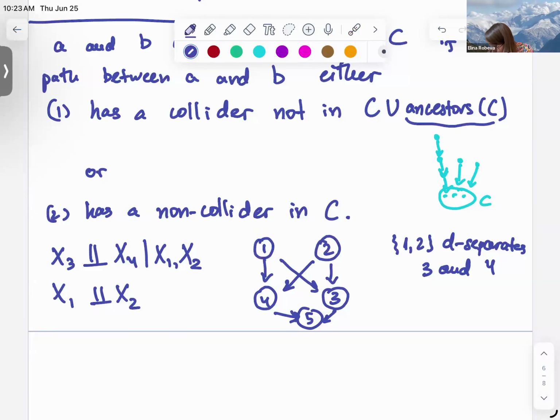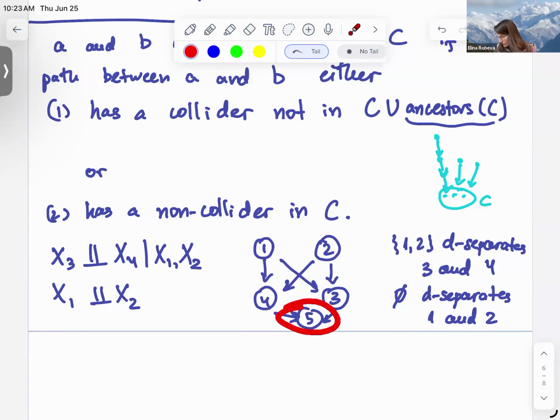And indeed, the empty set d-separates 1 and 2. And let's check that. Okay, I added 5 and now there are more paths, but if we just look at this path, for example, 4 is a collider and it is not in the empty set. 3 is a collider and is also not in the empty set.